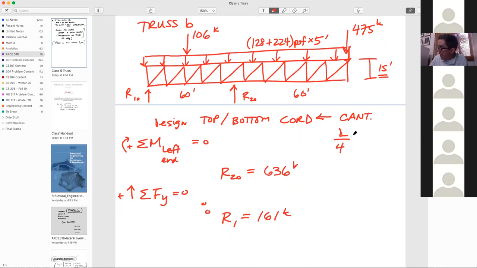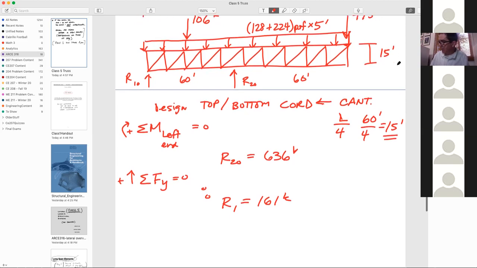And it's L of the cantilever, so 60 feet over 4. If I've got that right, then I've got 15 feet, which actually turns out to be the story height. So that's a reason why that truss needs to be full story height.